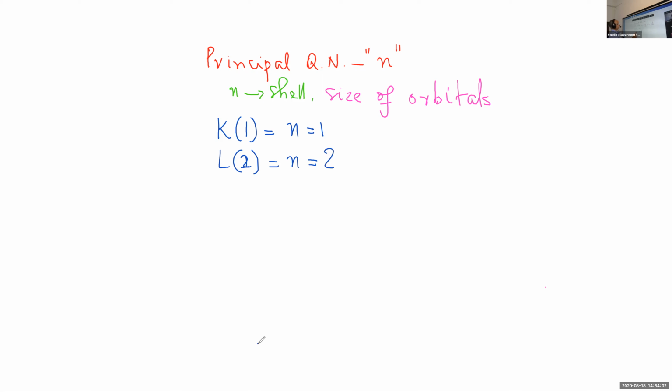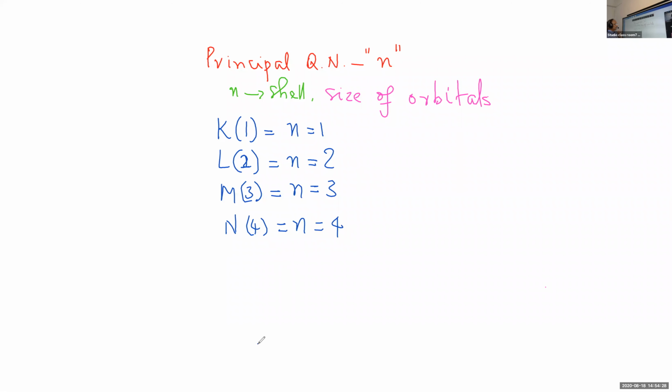So 2 means the second shell, the second orbit, that is the L shell. M, the number of the shell is equal to 3, and therefore n is equal to 3. N, the fourth shell, and therefore n is equal to 4, etc.